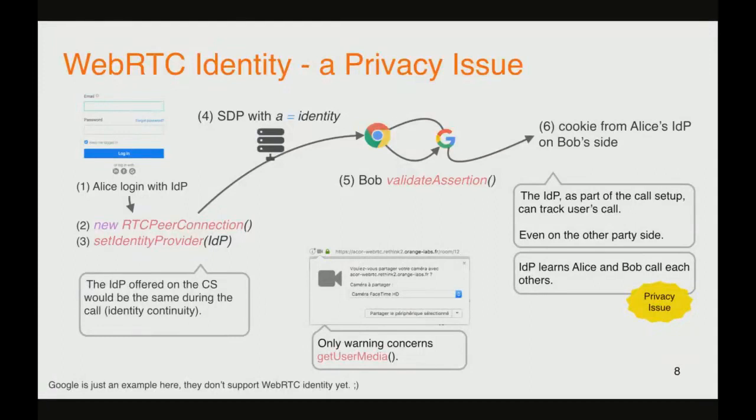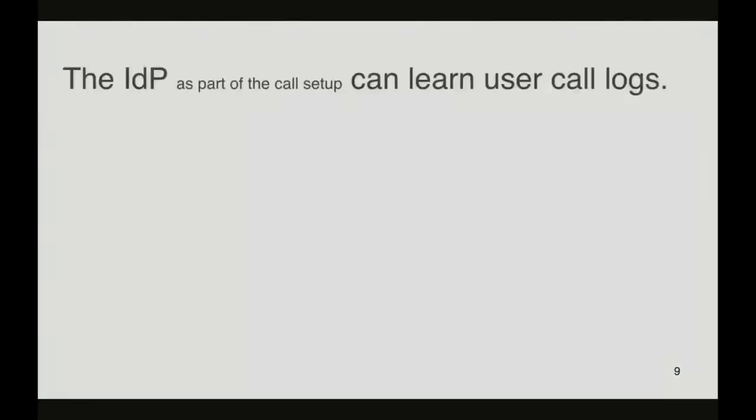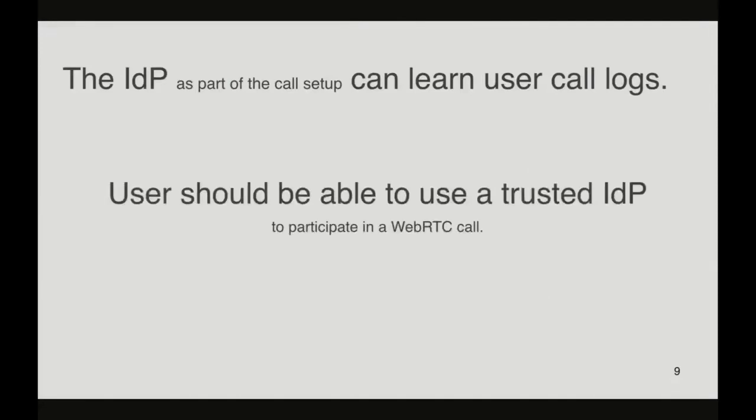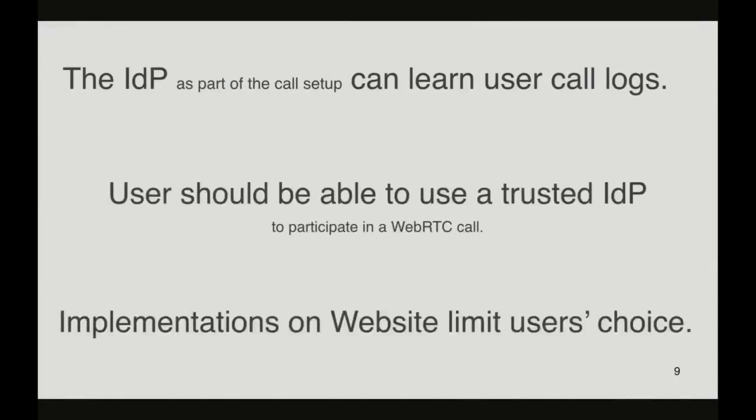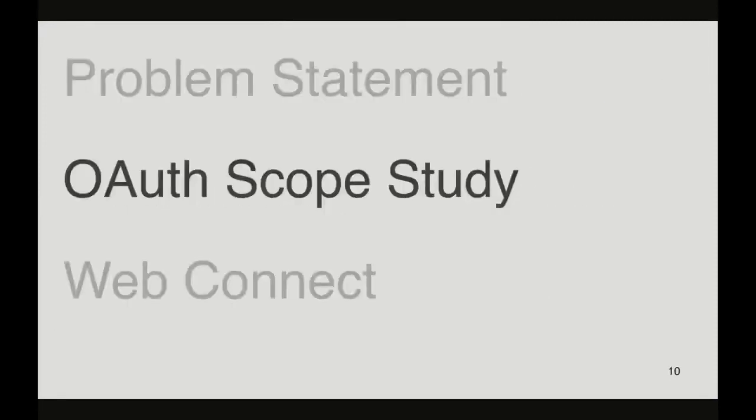So they may not be aware that the identity providers are getting information about the call. So, like I said, the IDP can learn user call logs, and users should be able to use trusted IDPs. But the implementation on websites is limiting the user choices.